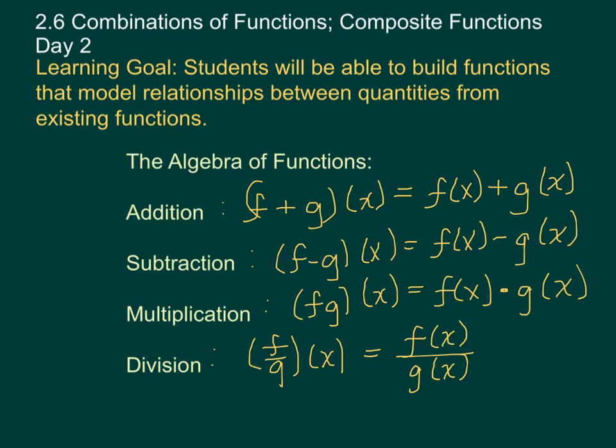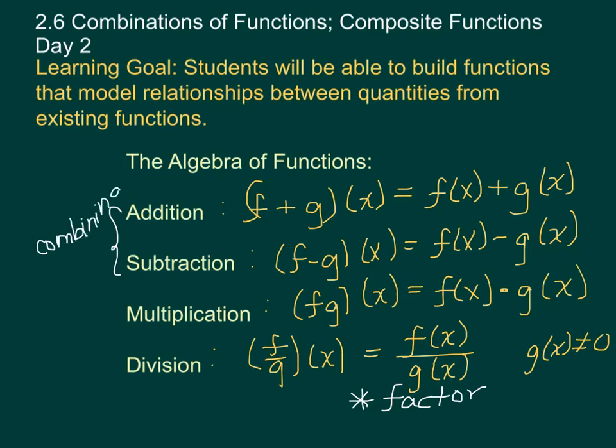And we know that g of x can't be 0. And usually this is where you may have to factor to actually divide them. These two, you're combining like terms. And again, multiplication, you're either going to FOIL or distribute.